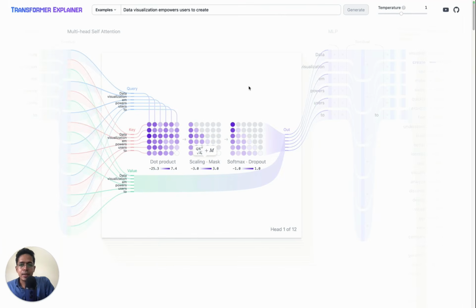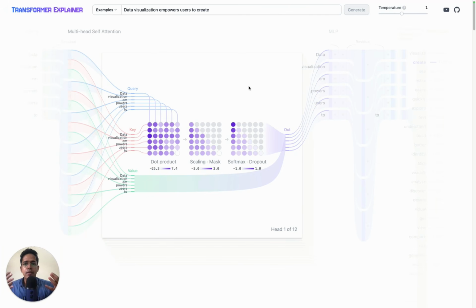So why is this done? In a transformer, we are trying to predict the next word, right? So imagine I only input the word data. Then the transformer model should not have access to any other tokens. It should not have access to visualization, M, powers, users, to, etc. So it just has data.